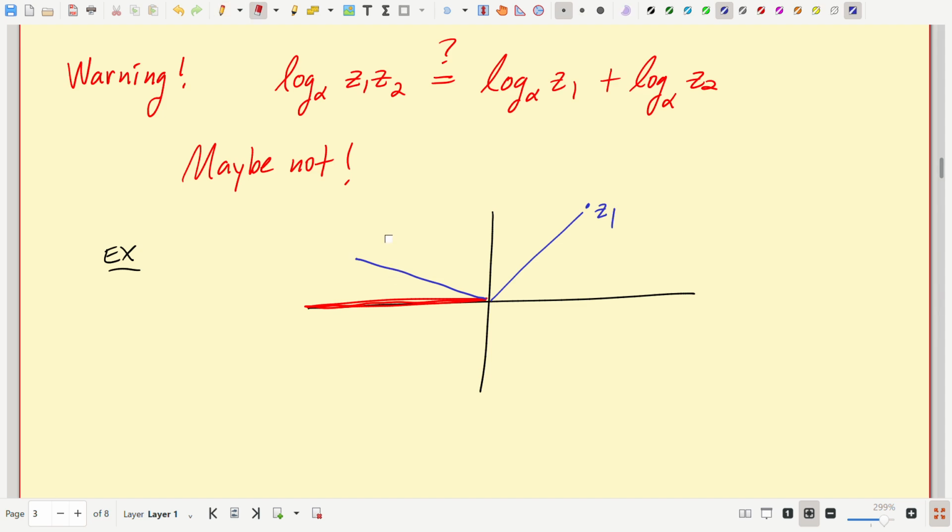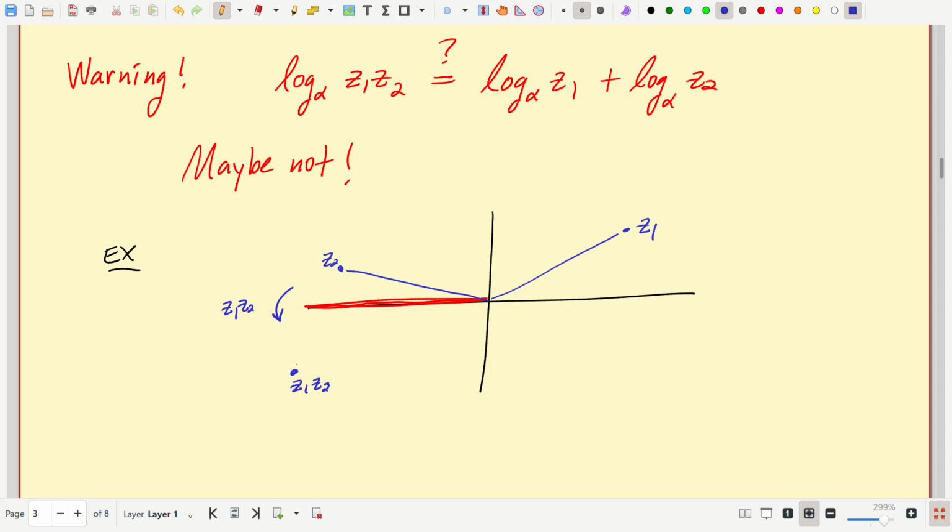I'll make the z2 pretty close to the pi angle. When I multiply those two, they go past the cut. I'm going to make this z1 just big enough so it would push it over. Okay, z1 z2 would be over here somewhere, and the argument would be a negative number.